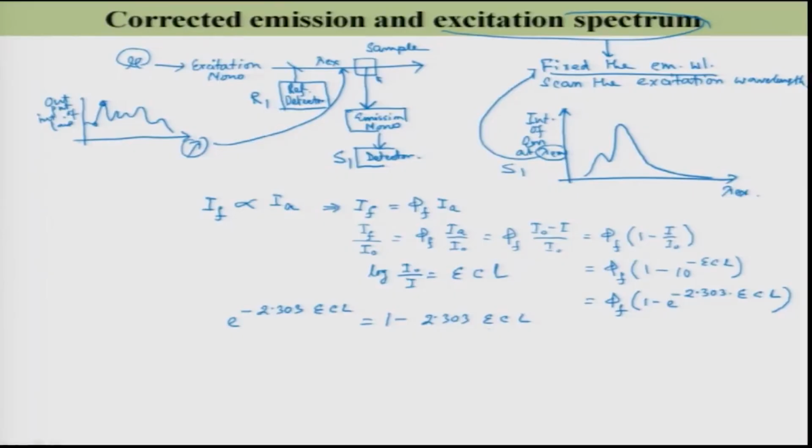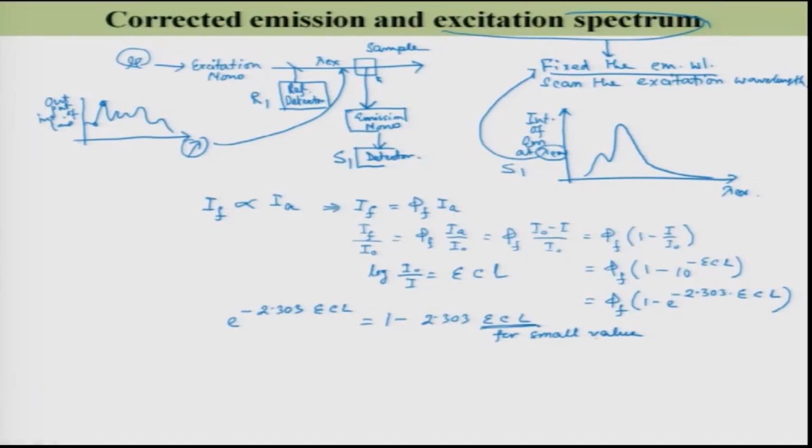So, for small values. Epsilon CL is nothing but the absorbance. So, only when the absorbance is small can I write this.